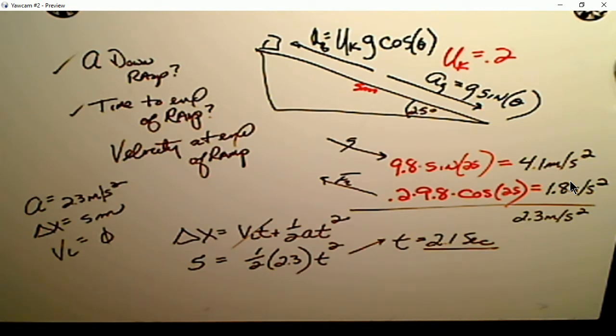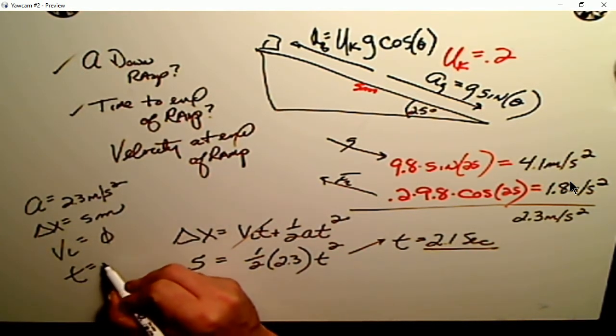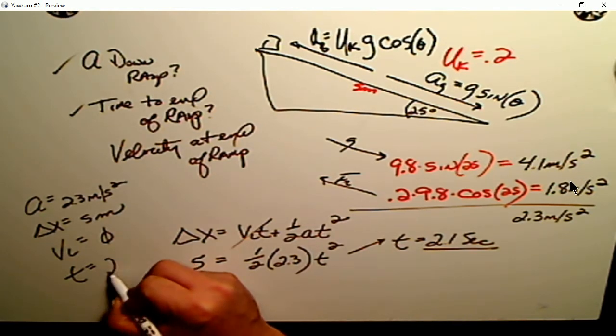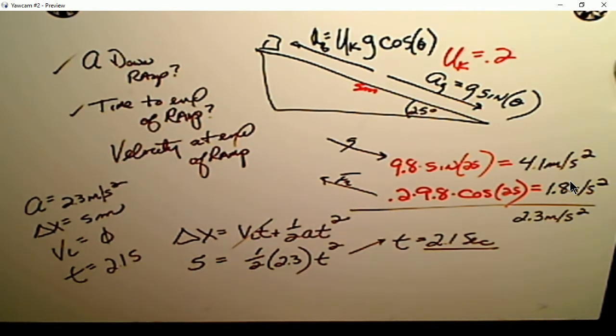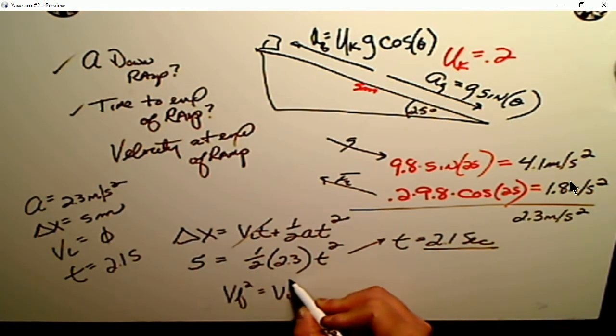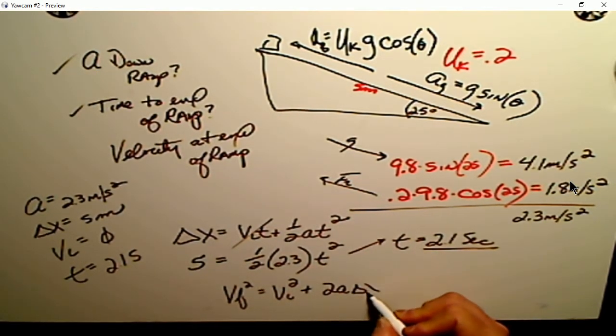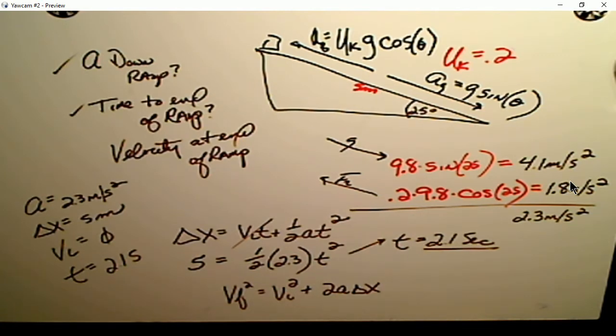So given that, what is the velocity at the end? Well, clearly, now that we have time, we can use that first kinematic equation that we had. But we can also use velocity final squared equals velocity initial squared plus 2a change in distance. Velocity initial, of course, is 0.